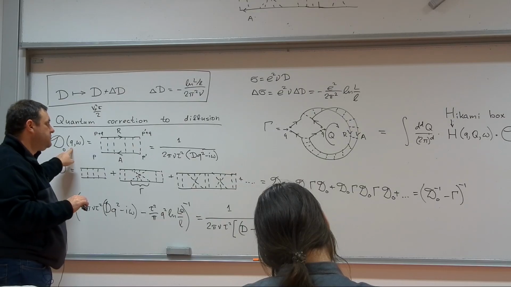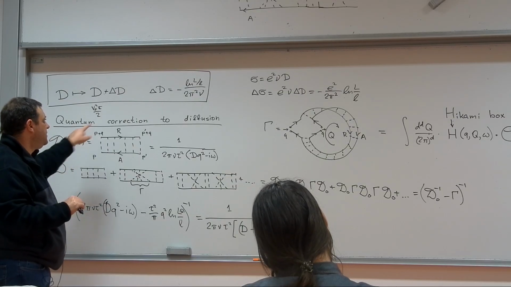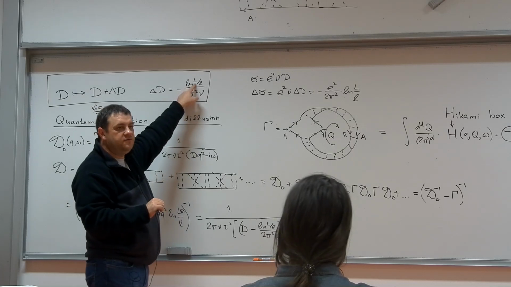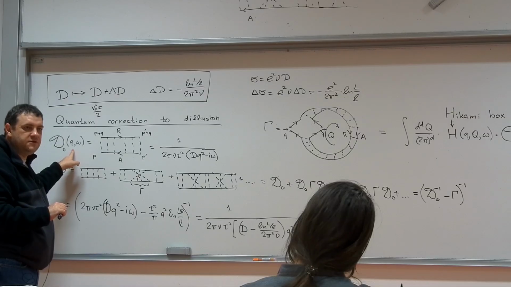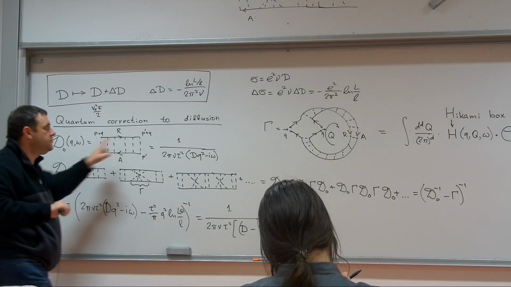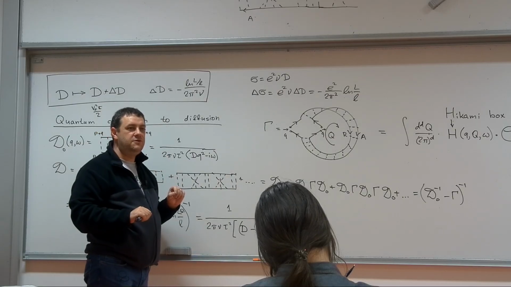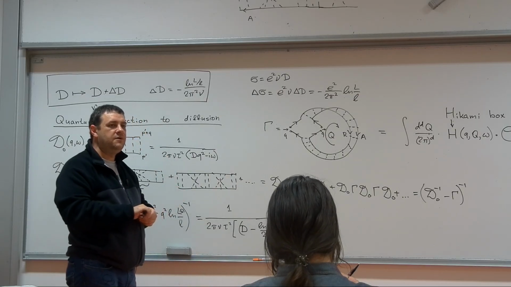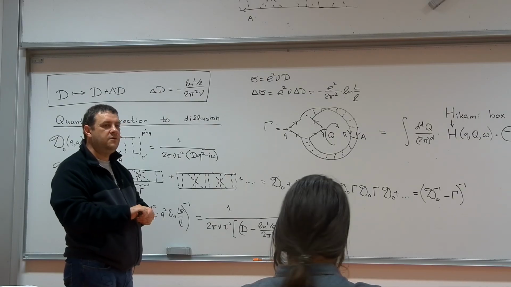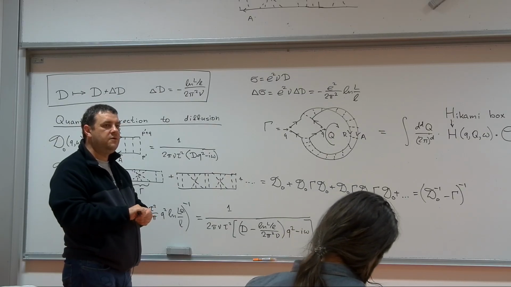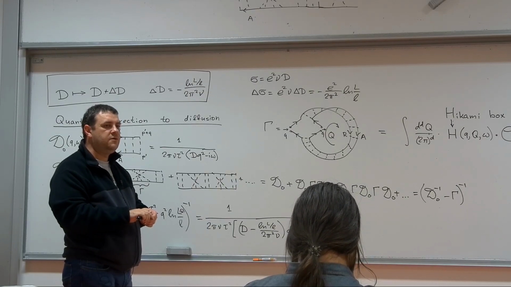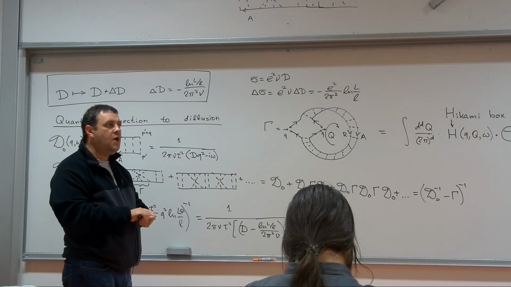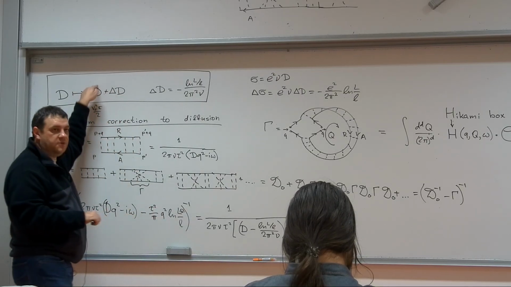So strictly speaking, you should replace L here, the infrared scale, with something that is related to this q. And when q goes to 0, this thing will diverge. Okay, that's true. But I'm trying to say, experimentally speaking, you can't really distinguish the quantum correction. Oh, no, of course, only the sum is measurable.